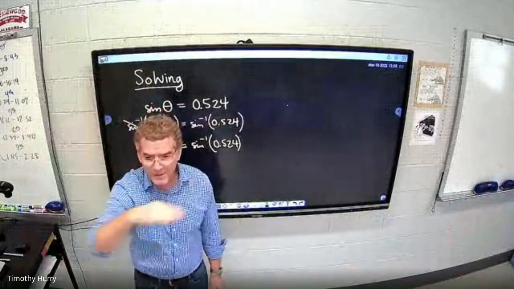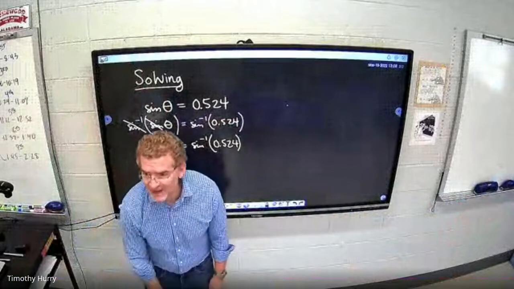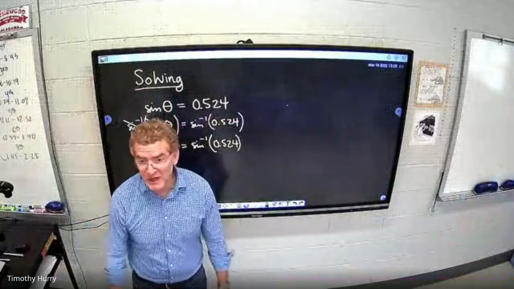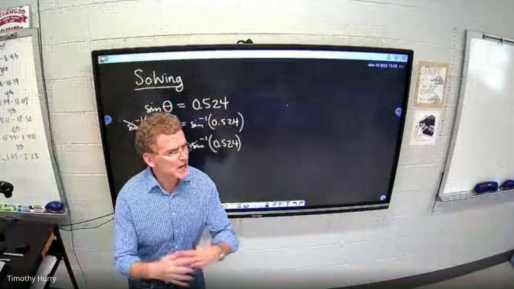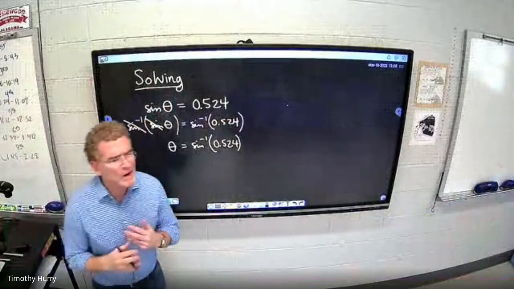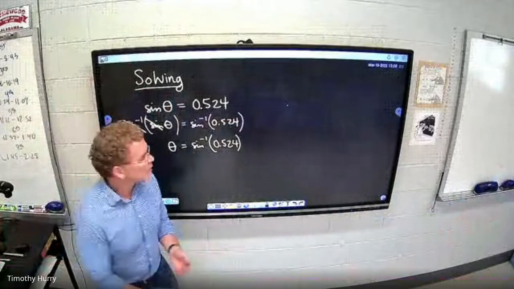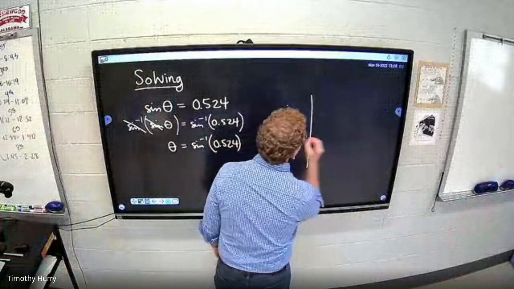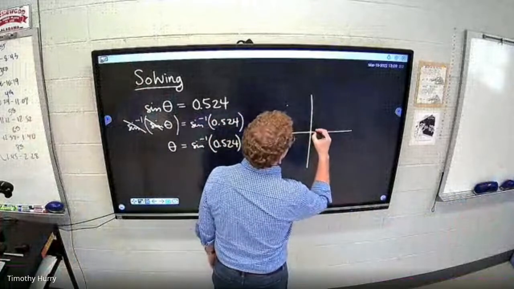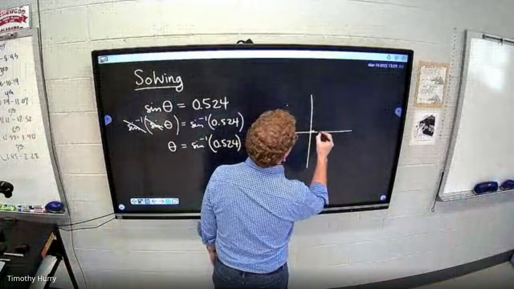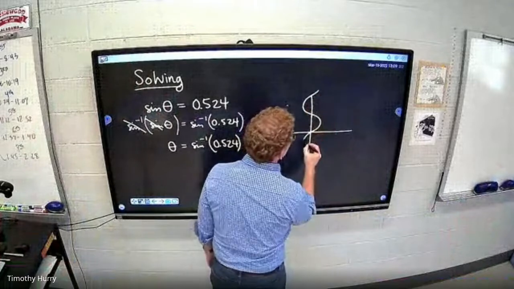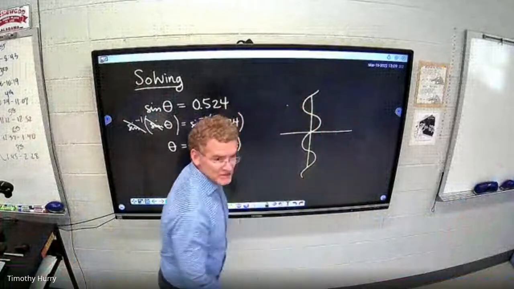There's only one problem. If I wiggle up and down the y-axis, it doesn't pass the vertical line test. So the creators of the inverse function said, well, we want it to be an actual function. It would kind of look like this. But this clearly doesn't pass the vertical.